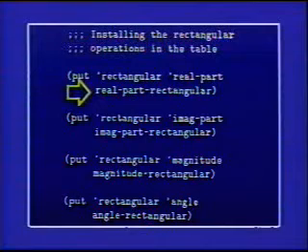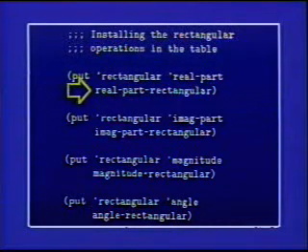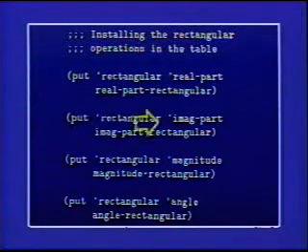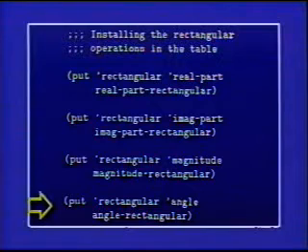So notice what's going into this table. The two keys here are symbols, rectangular and real part, that's the quote. And what's going into the table is the actual procedure that he wrote, real part rectangular. Right, and then puts imaginary part into the table, filed under the keys rectangular and imaginary part, and magnitude under the keys rectangular magnitude, angle under rectangular angle. Okay, so that's what George has to do to be part of this system.